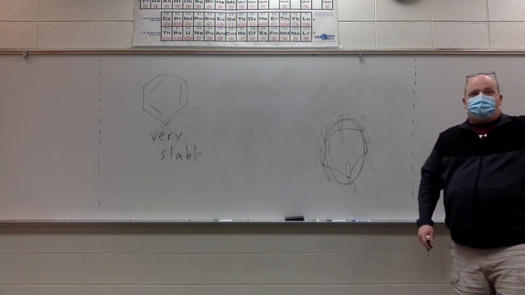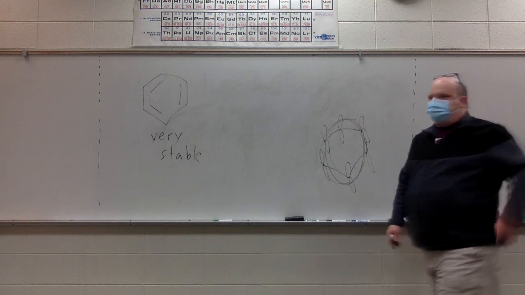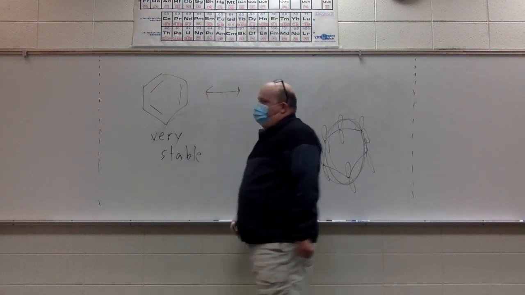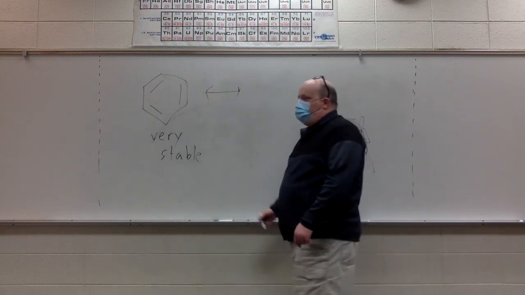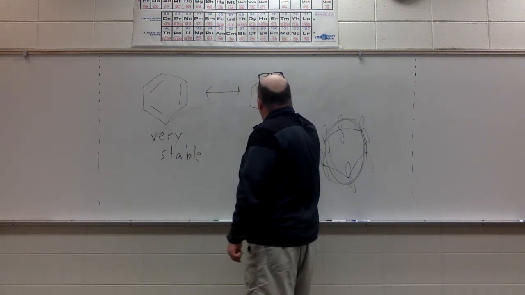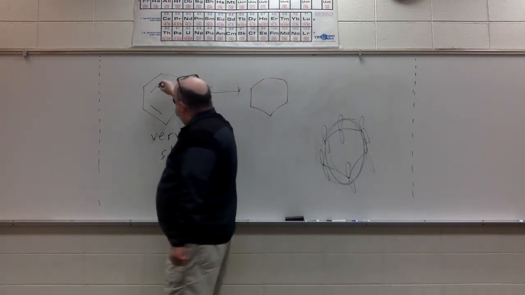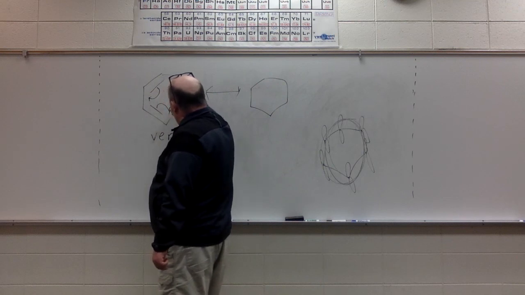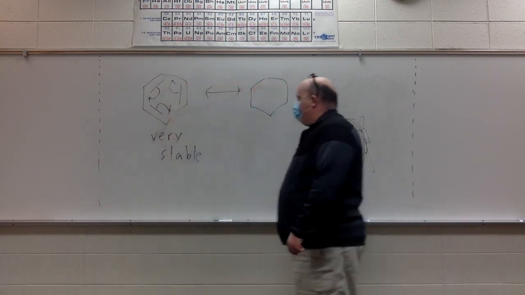We can also visualize this in terms of resonance. You can draw a lot of resonance structures. I'm going to draw one additional one right now. Let's say this pair of electrons moved over here. This pair of electrons moved over here. That pair moved over there.